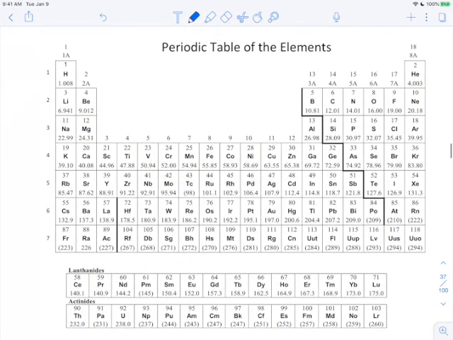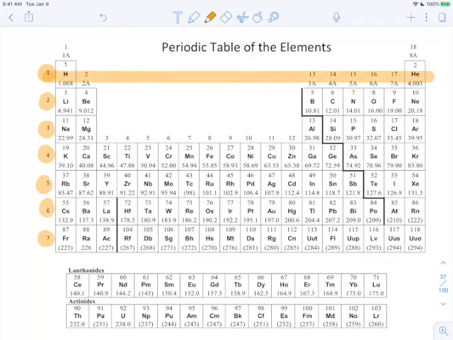All right, so earlier we were talking about those rungs on the ladder, and we were saying n equals 1, n equals 2, and so on for the rungs on the ladder. And you might be wondering, well, how does that relate to the periodic table? And those are going to be our period numbers right over here.